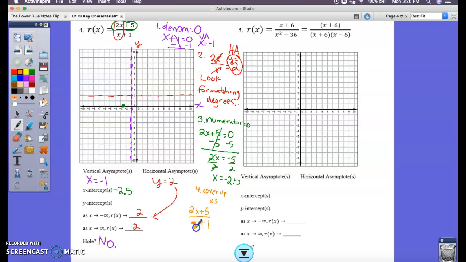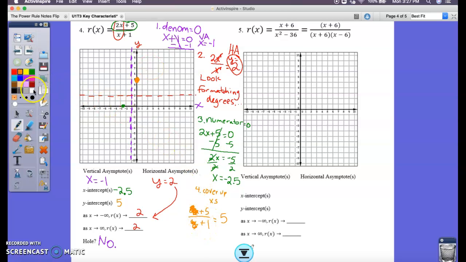If I put 0 in here, it'll affect this too, and the x terms go away. I'm left with something nice and easy, 5 over 1, which is just 5. So on my y-axis, I'm going to go to the y at 5 and put the intercept, the point right there.